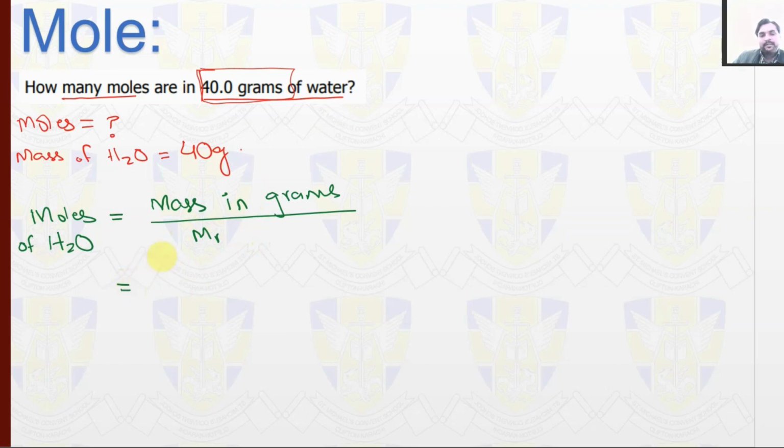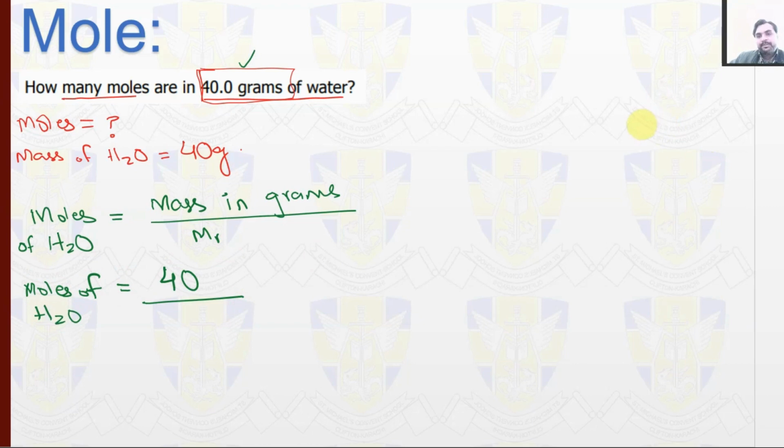Now you have to solve it. Since the mass in gram is already given in the question, which is 40 grams, put 40 over there in the numerator divided by MR. Now MR of the water you have to calculate on your own, and how the MR can be calculated you have done a lot of times before as well.